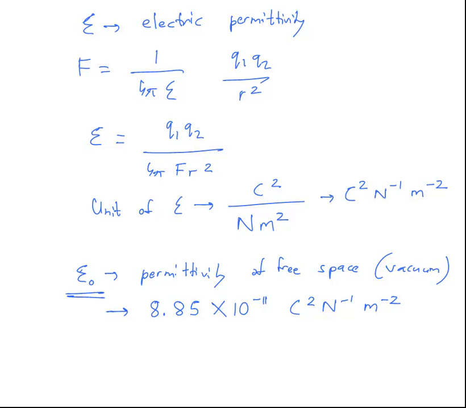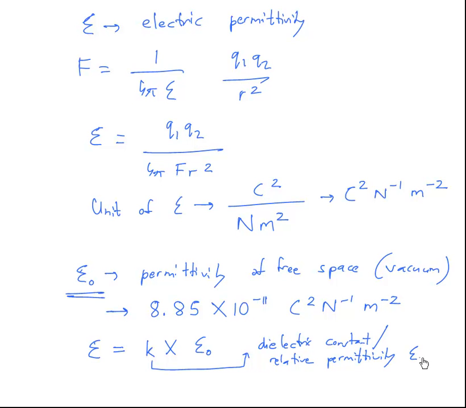All other permittivities, that is the permittivity of any medium other than vacuum, are defined in terms of this epsilon naught. That is, every epsilon is written as some k times epsilon naught, where this k is what is called the dielectric constant, or sometimes the relative permittivity epsilon r of the medium.